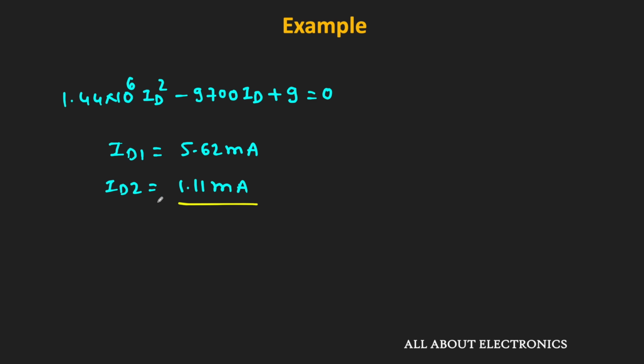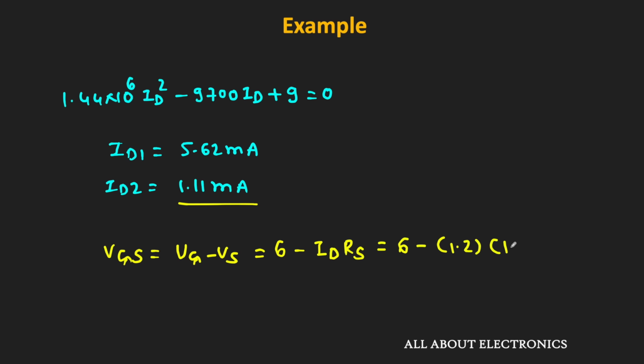And with this value of the drain current, the voltage VGS will be equal to VG minus VS, that is equal to 6 volt minus ID times RS, that is equal to 6 minus 1.2 kilo ohm times 1.11 milliampere, that is equal to 4.668 volt.